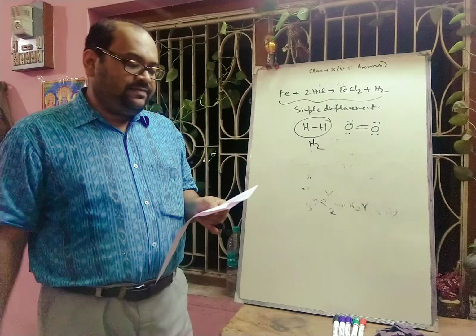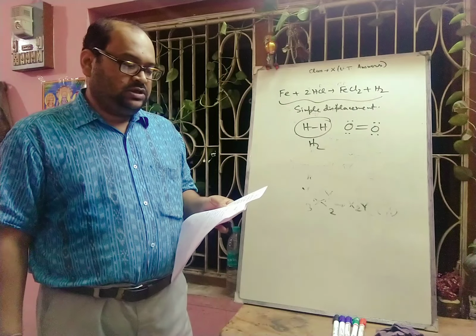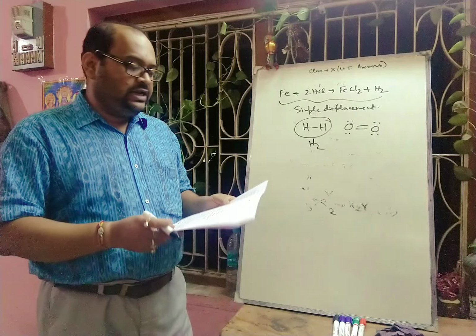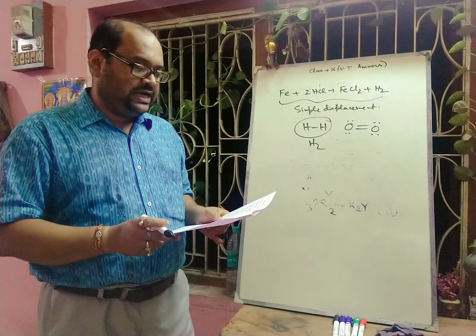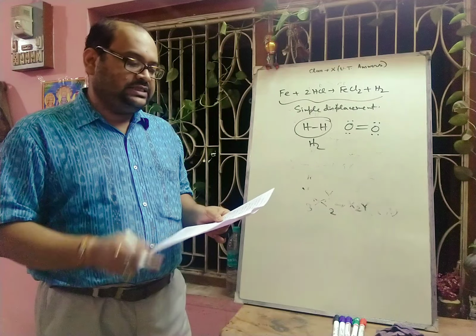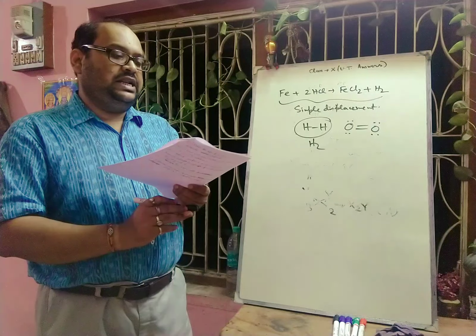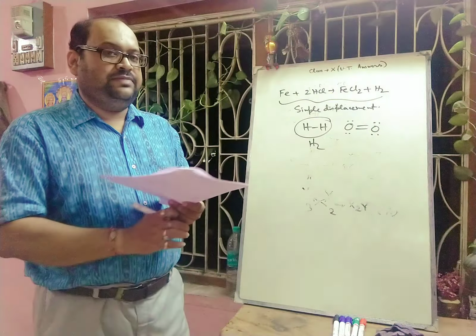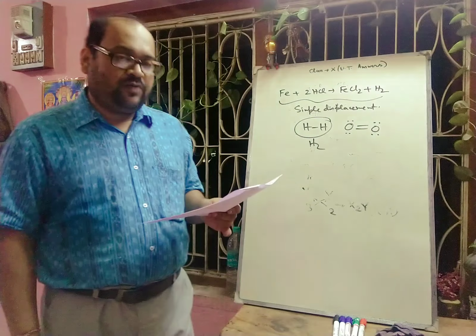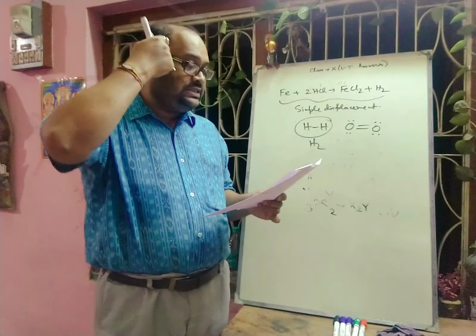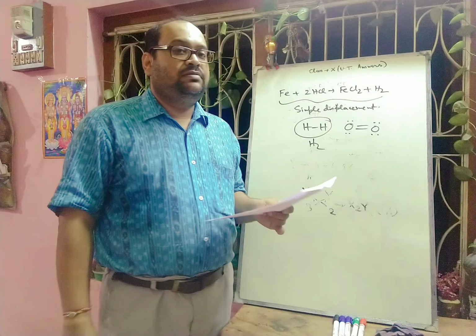Next question is given: if an element has 1 electron in its valence shell, then it is likely to have the largest or smallest atomic size among all the elements in the same period. So if an element has 1 electron in its valence shell, that means it is group 1, and group 1s are generally alkali metals.